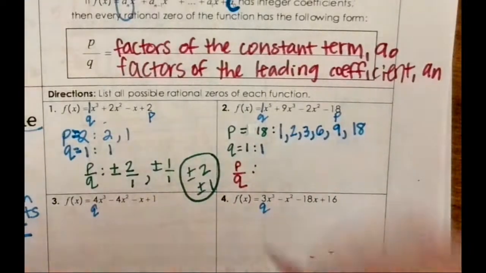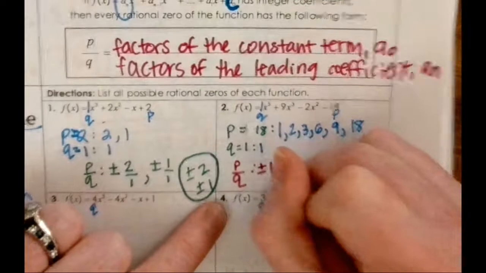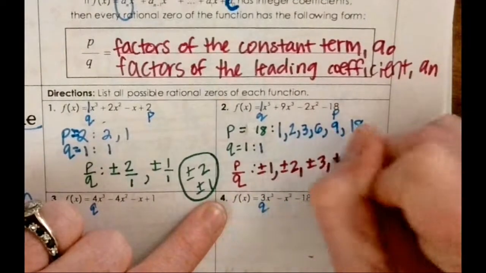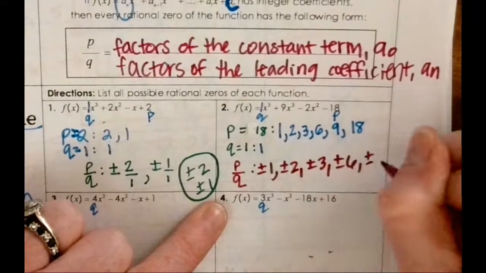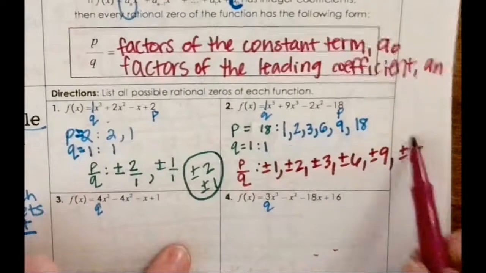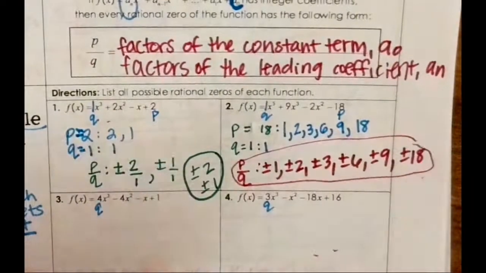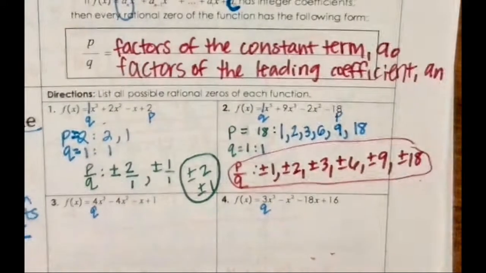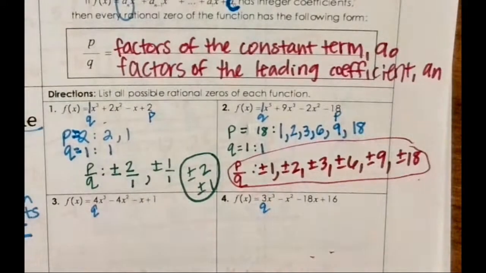So our possible zeros are plus minus 1, plus minus 2, plus minus 3, plus minus 6, plus minus 9, plus minus 18. Okay? So we can't factor this function. We don't know how to factor x to the 5th without, well, okay, so some of them we won't know how to factor them.